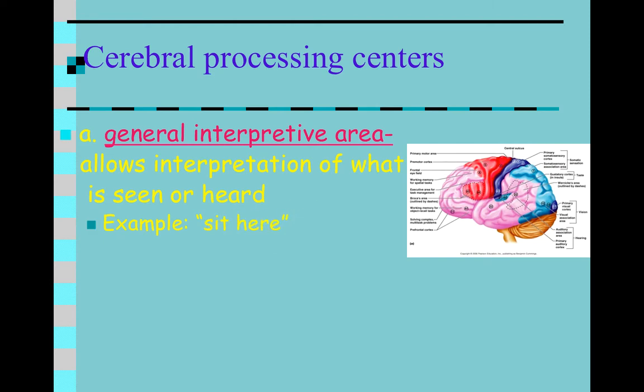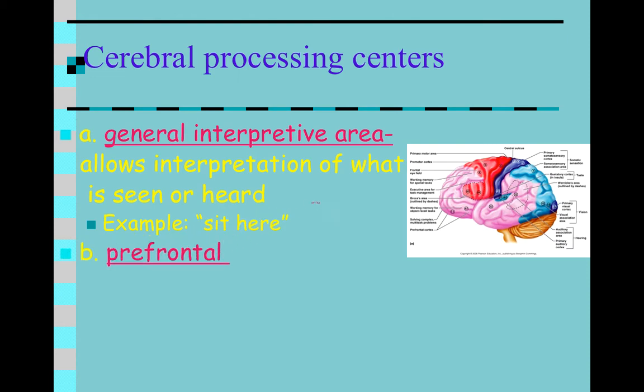Now, if we were in the classroom and I had my hand out and I was holding my hand above a chair and gesturing to that chair and said, sit here, that would imply that you understand that I am making a motion and a gesture of where you should sit, that you understand the concept of sit. And so then your general interpretive area helps you understand this idea of sit here.